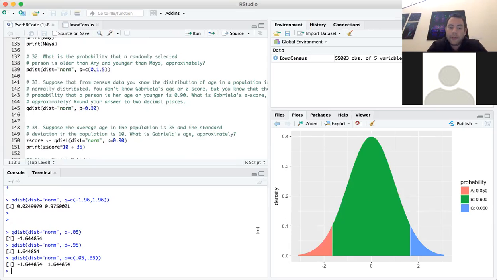Likewise, you can do what's called a one-sided test by just looking at one side of the distribution versus the other. If you were to do a one-sided test, that critical value will change as well.